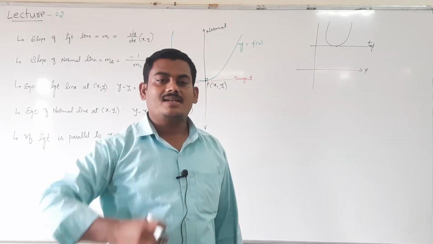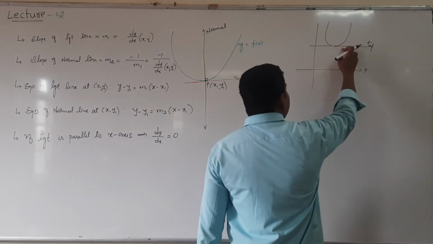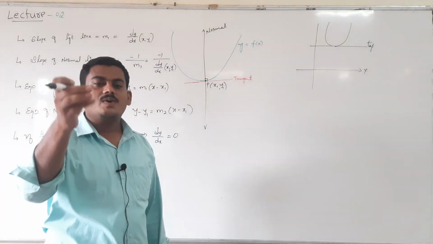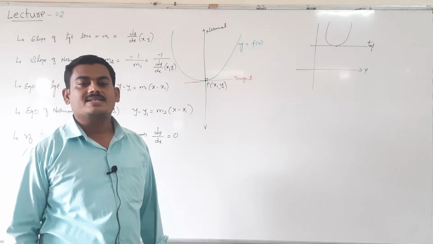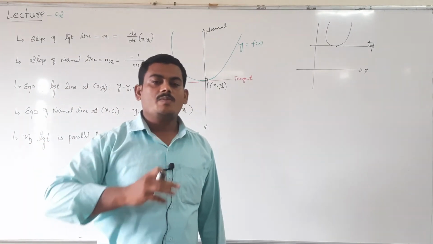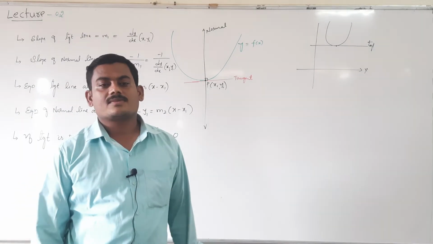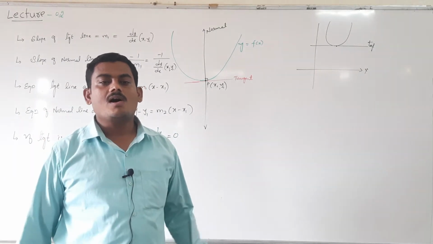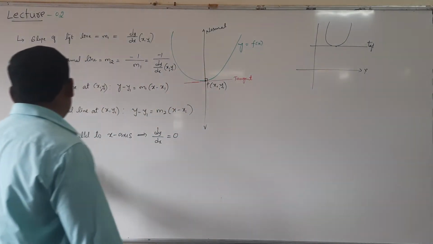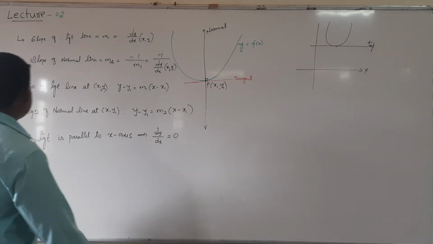Slope of the tangent line is nothing but dy by dx only. Once the tangent is parallel to the x-axis, then its slope is 0, because already you know if a line is parallel to the x-axis, then its inclination is 0. Inclination 0 means its slope is 0. All horizontal lines have slope 0, all vertical lines have slope not defined. If the tangent is parallel to the x-axis, then dy by dx equal to 0.